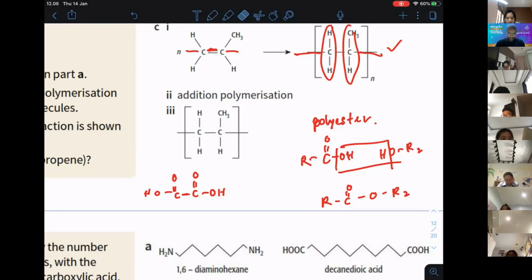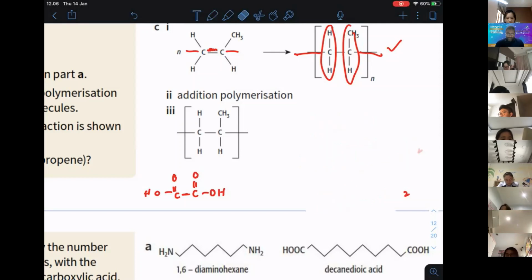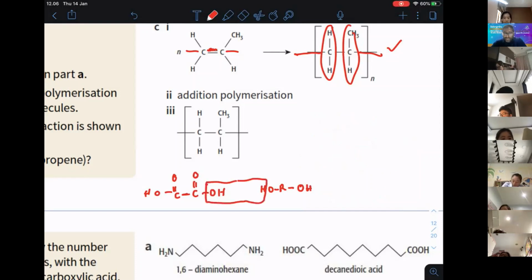And then for alcohol also, they are going to have OH here, something bonded, then another OH here. Then only the reaction can continue. For example, if here the OH and the H, you are going to have the ester linkage. The reaction will continue with another part over here, and the reaction will continue with another part over here.